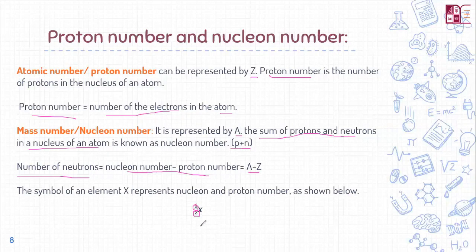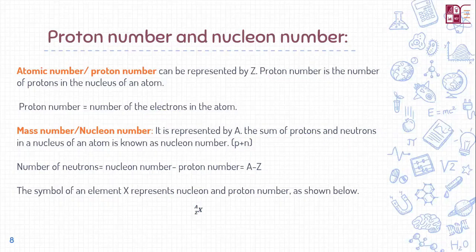If you want to calculate the number of neutrons, you simply do A minus Z, and you're going to get the number of neutrons. Different elements have different proton numbers. Coming to the next slide now, I'm going to show you a few examples as well.